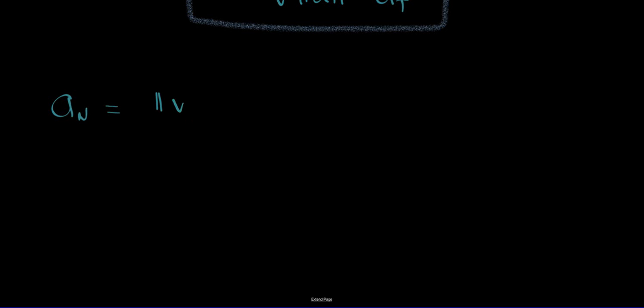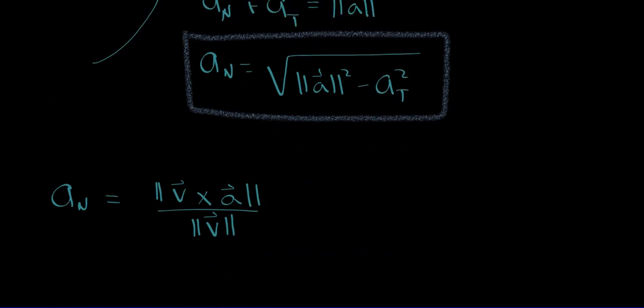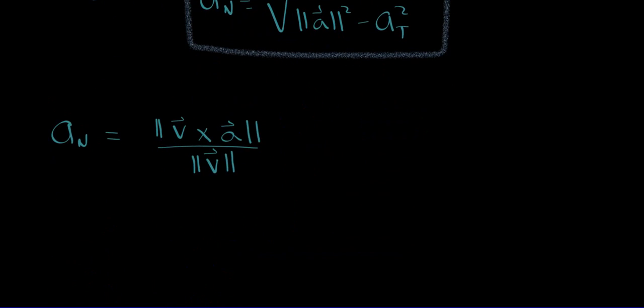It doesn't really matter, but I'm going to do it in this order. Okay. So this might be helpful to you to help you see that they're very similar. So the tangential component, you have a dot product up here. The normal component, you have a cross product.